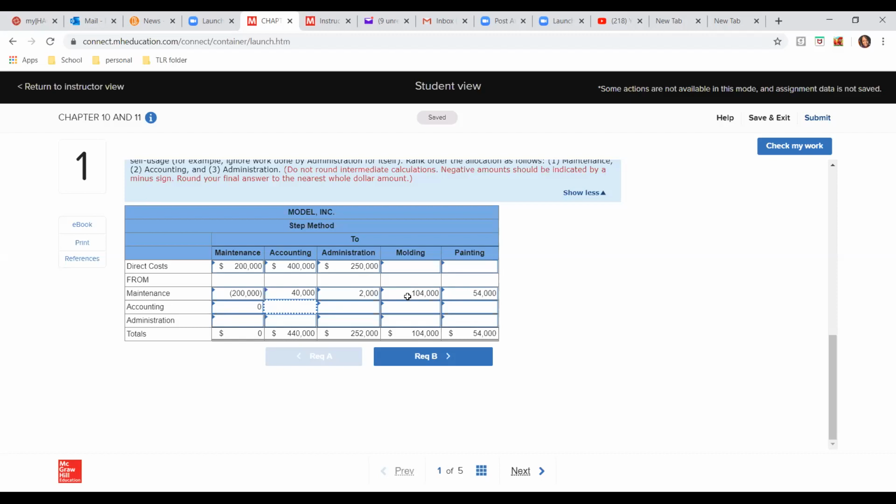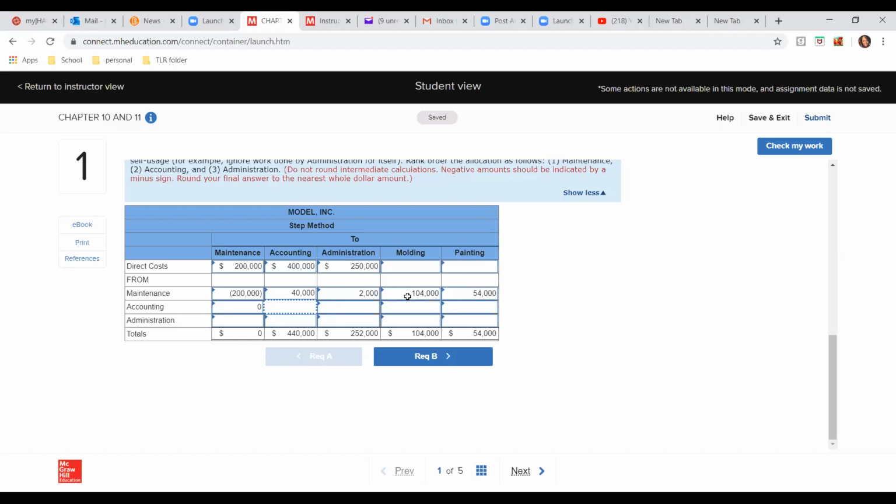When you're trying to allocate, you don't want to over allocate. It's going to be 100%. We want to make sure 100% of the maintenance cost is being spread to the other departments. The ratios, 0.27, 0.52 and the rest, should all add to 100%, and you should not start allocating until you know that you're at 100%.